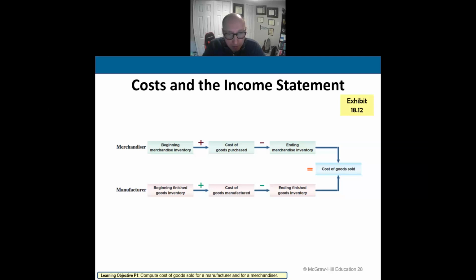Remember, cost of goods manufactured, that's your direct materials, direct labor, factory overhead, that equal the total cost of the product that we manufactured. And that's the difference between merchandising and manufacturing with respect to the cost of goods sold.